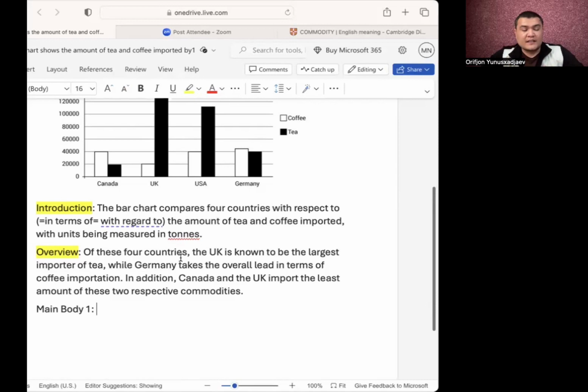So I can simply write down the expression "to begin with" or "in detail", but this time let's try it differently. "Details highlight that", right? So what is happening? Tea, Germany imports, right? Because it's right here, this one.